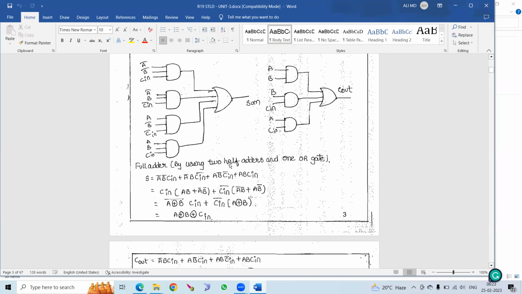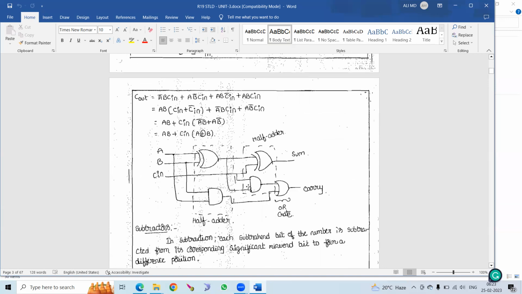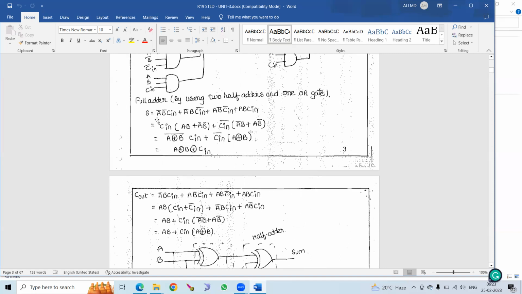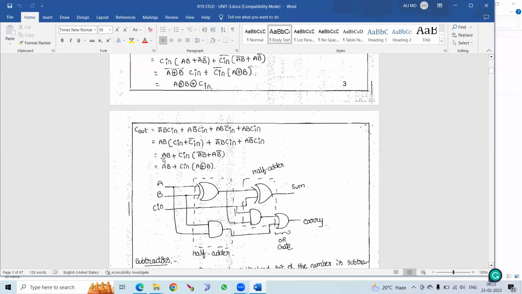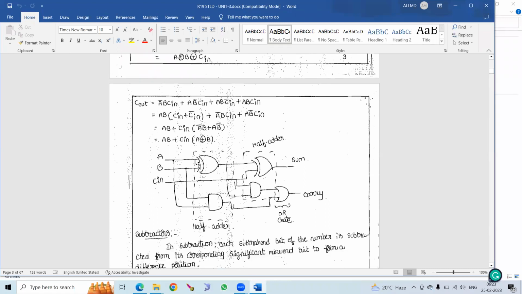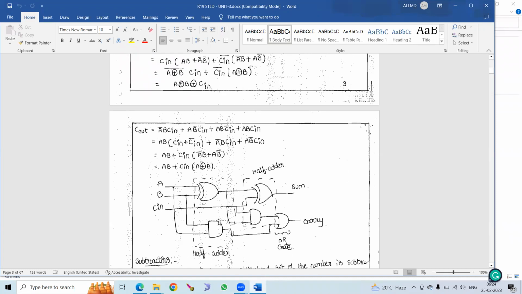In the full adder, how can it be represented using two half adders and one OR gate? By using Boolean algebraic axioms and laws, by minimization of the Boolean expression, we get sum equal to A XOR B XOR C in, whereas carry is equal to AB plus C in times (A XOR B). Here, the full adder is in the form of two half adders and one OR gate.